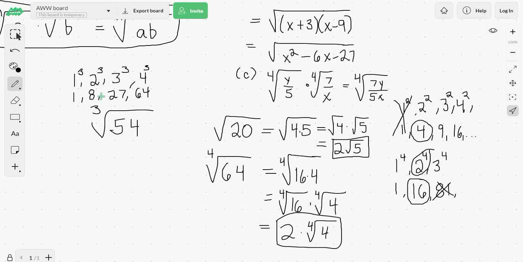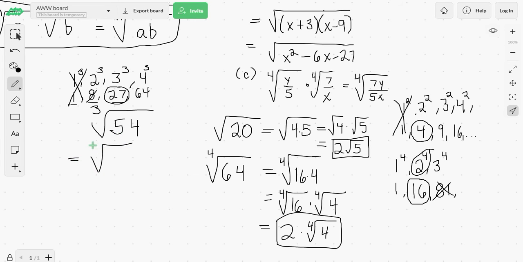So we've got our list of perfect cubes. We see which of them, if any, that are less than 54 divide into 54. We've just got 1, 2, 3 of them, but this one doesn't really help us. 8 doesn't actually go into 54. You can double check that it doesn't. So the only option that could work is 27, and it turns out that 27 does work because 54 is 27 times 2.